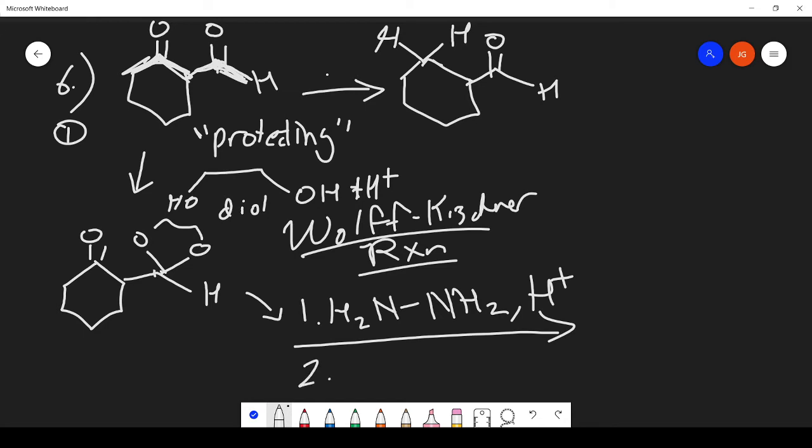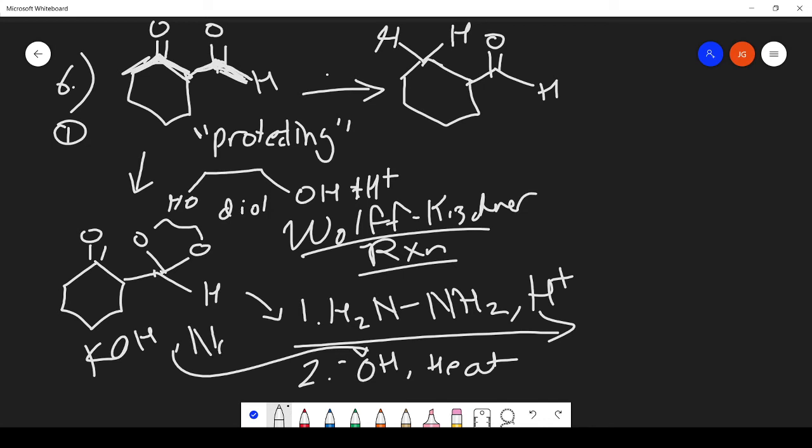And the second is going to be OH- and heat. Now this OH- can come from anywhere, from KOH, NaOH, whatever. Not an alcohol though, like the hydroxide ion. It has to be the actual ion with this negative charge. And what we're actually going to get is that conversion of the ketone into 2 hydrogens.